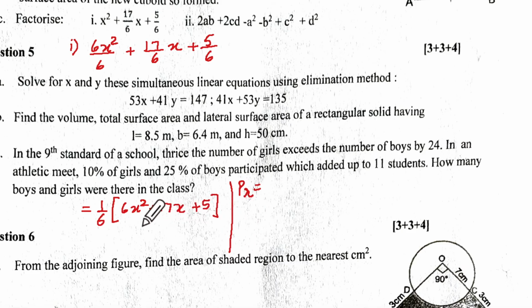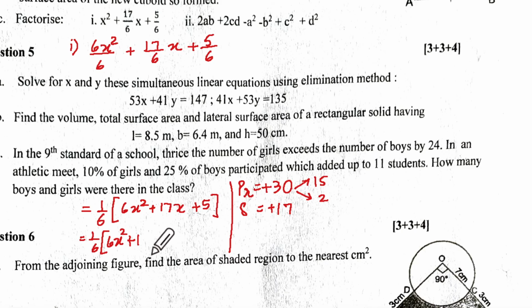The product is going to be 6 into 5, that is plus 30, and the sum of the factors is going to be plus 17. So the sum of the two factors must be 17, means it is 15 and 2. So it would become 1/6 here, 6x squared plus 15x plus 2x plus 5. And after this, you can handle this because 3x will be common.